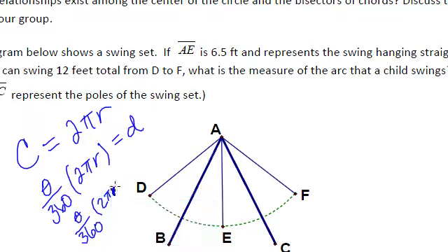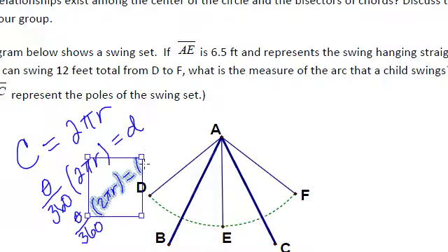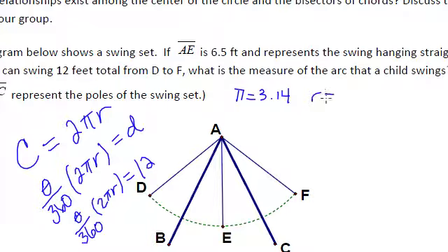Now, I'm not sure why I'm writing at an angle, so on this right side I'm going to straighten it up. Anyway, do you know what pi is? Well, let's use 3.14. Do you know what your radius is? Well, hopefully you know 6.5.